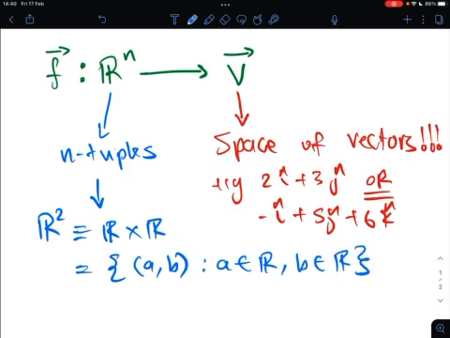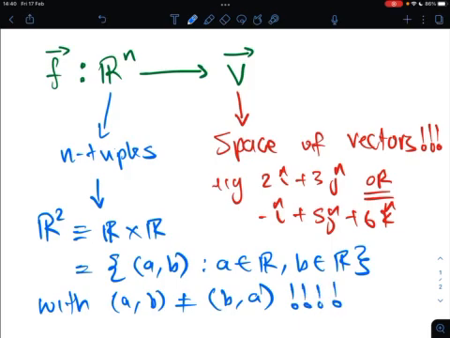So R squared just means the space of all coordinates in 2-dimensional space, with (a, b) not equal to (b, a) in this particular case. So when we refer to tuples, we're actually talking about things that are more like coordinates.